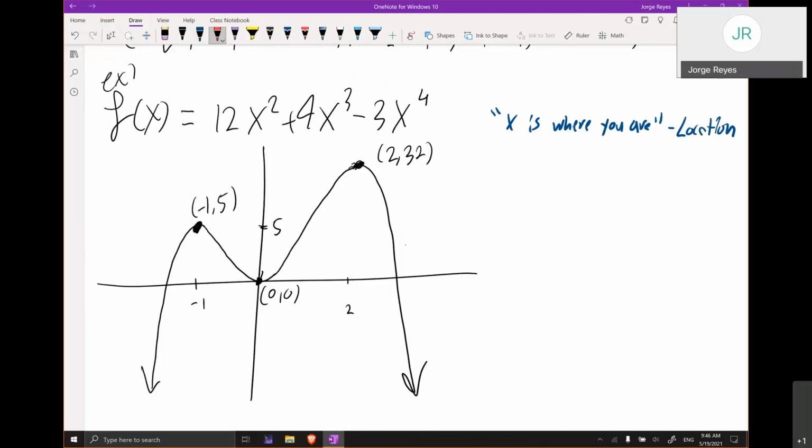Okay, which is different than y, because I like to think y is what you are. Okay, which is not a location, right? That is a value. Okay, so I don't know if those things are going to help you or not. If they do help you, great. If they don't, you can just ignore them.